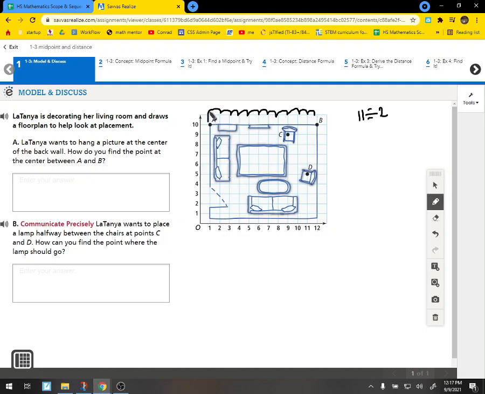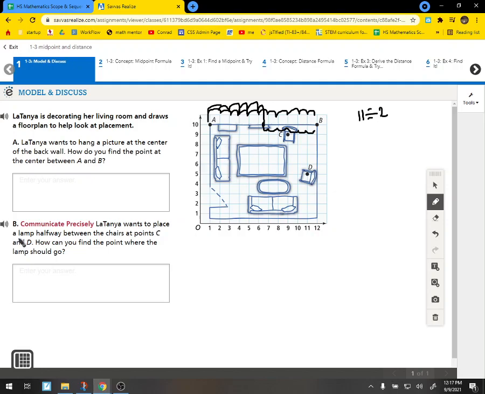So if I went 5.5 spaces, 1, 2, 3, 4, 5 spaces, and then halfway, that should be the exact halfway point. And if we go, here's the half space, and then 1, 2, 3, 4, 5, it finishes it. Yeah, so 5.5 spaces, boom, there's the center of the wall.